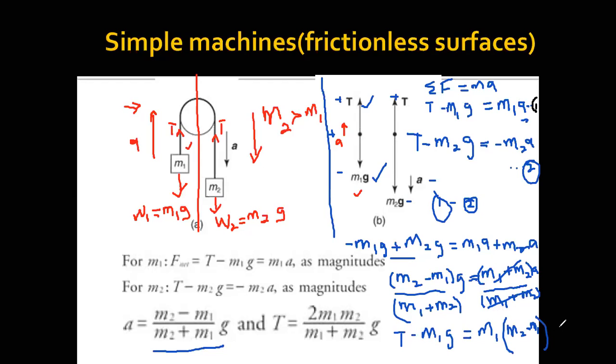So for the lack of space, m1g over m2 plus m1. Okay, so you take note of this. And then once you simplify, you will come to this equation, which is T is equals to 2 m1 m2 g over m1 plus m2. Okay, so let's go on to the next proof.